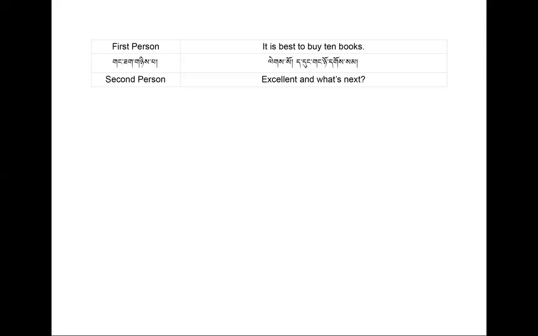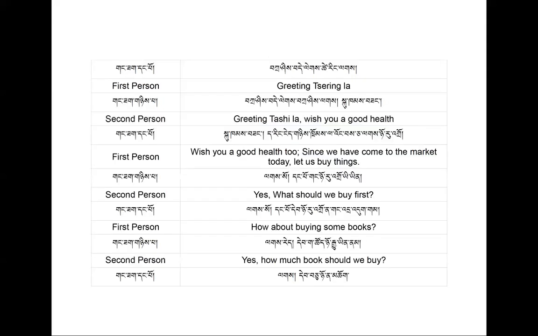So in this exchange, we see that numbers are used in this kind of way, where normally the numbers are used after the things that need to be quantified. So tepchu, here we see that in English we say 10 books, but in Tibetan it's more like books 10.